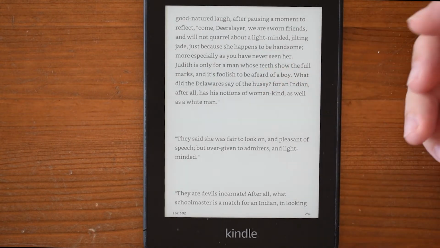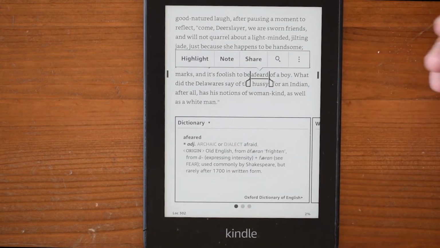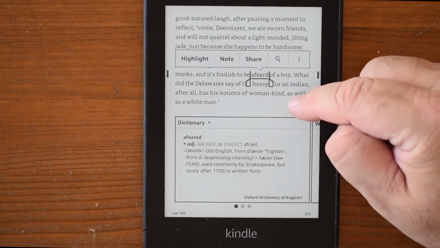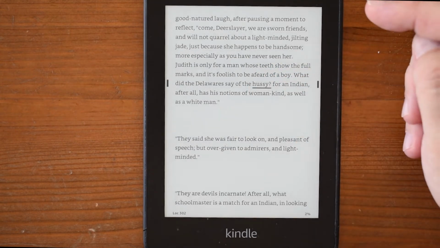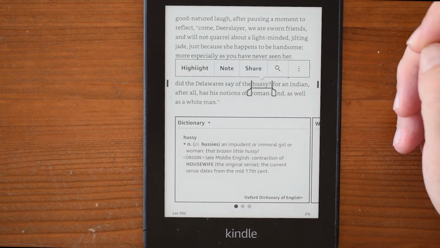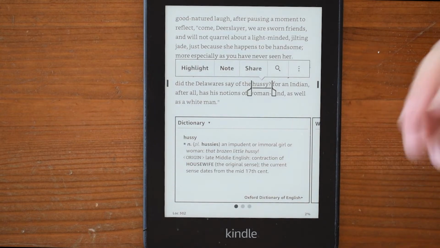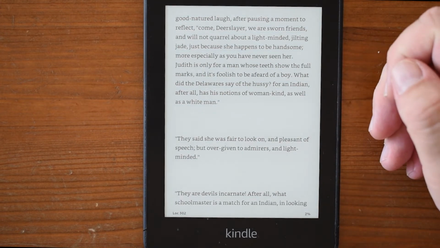Here's another word, afeared, which I haven't seen. It sounds like afraid, and it does in fact mean afraid. It's an archaic form of the word afraid. Hussy will be another word because I'm guessing it has an archaic meaning, and it's likely that in this case it's used in the meaning of housewife rather than in its modern meaning.